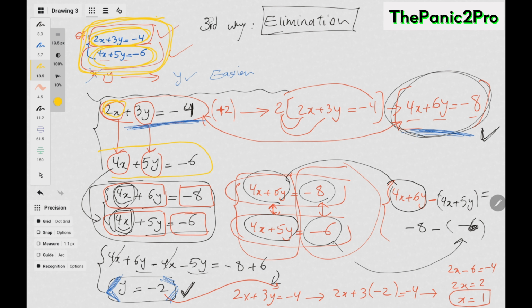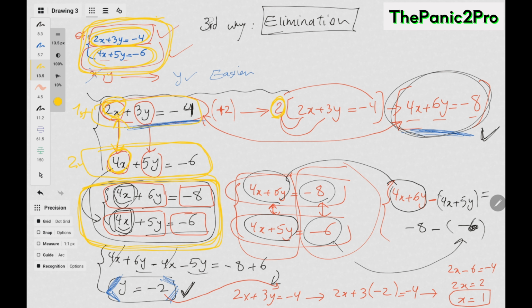Because I have this as the second equation, and this was my first equation. So here I have 2x, down here I have 4x. I have to somehow make them similar. How can I do it? I need a factor of 2. So that's why I just multiplied everything on the first equation by 2. And then got this system of equation.